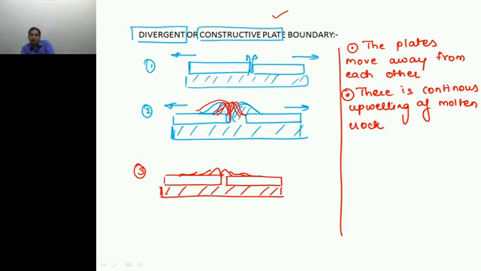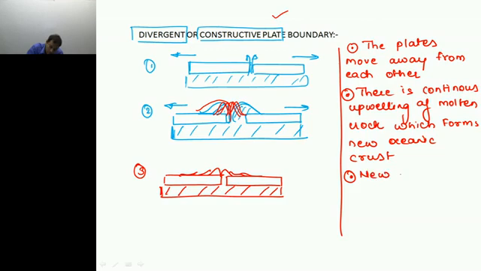There is a continuous upwelling of molten rock which forms new oceanic crust. Because it forms new oceanic crust, therefore it is also known as constructive plate boundary.